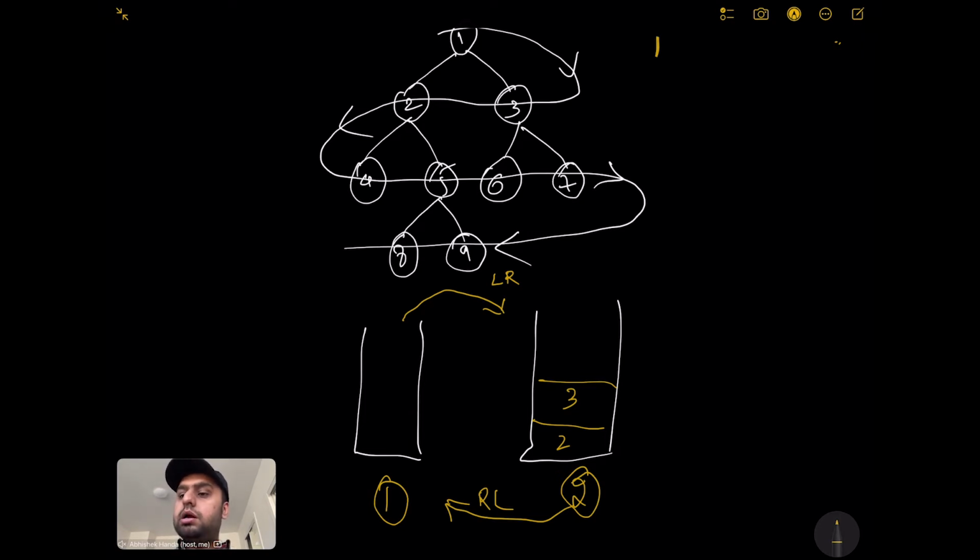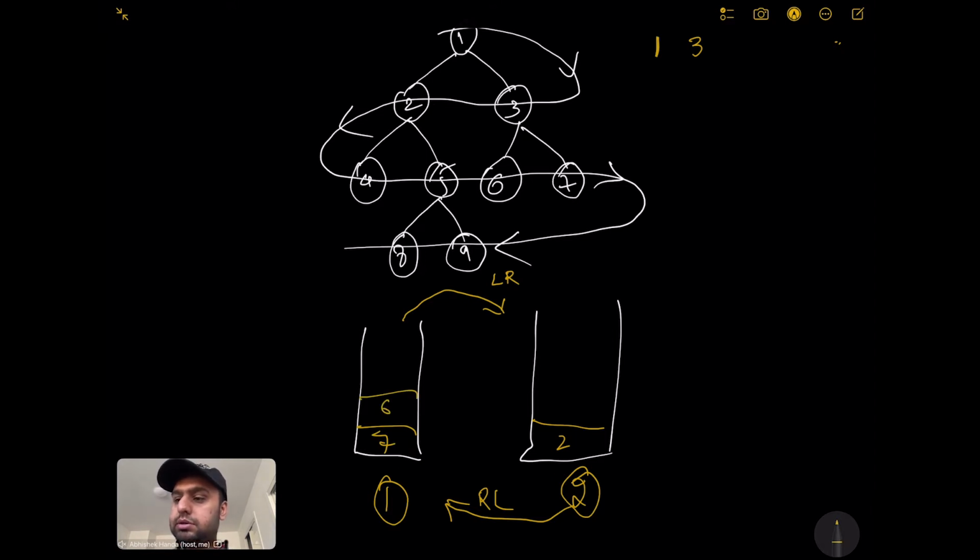So I'll pop 3 from it, and I'll put the children of 3 in stack number 1, but in order right and then left. Then 7 and then 6. The 3 is iterated already.